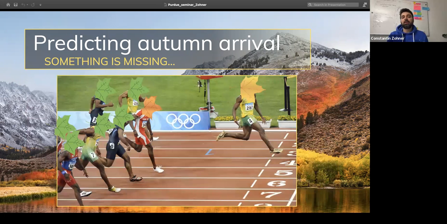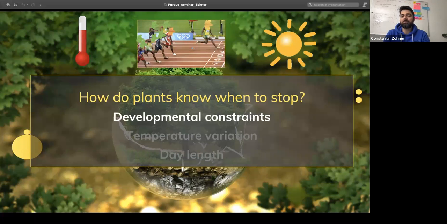So there was another hypothesis that came up, basically saying it's a developmental race. If you start to run earlier, you are also entering the finish line earlier. And that is something that I will refer to here as developmental constraints.